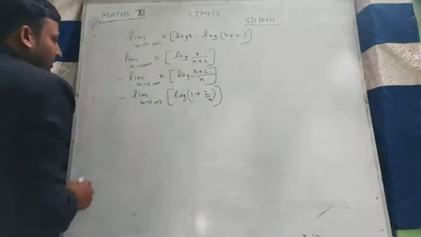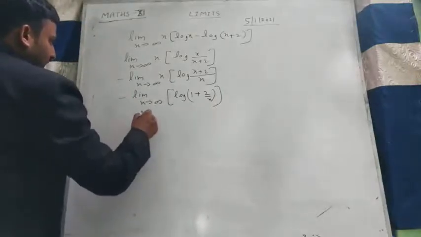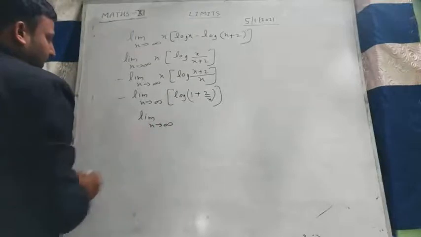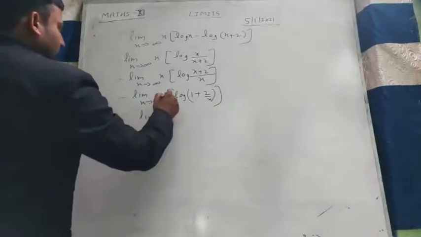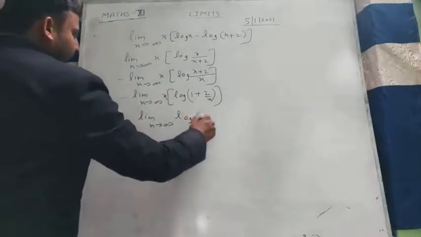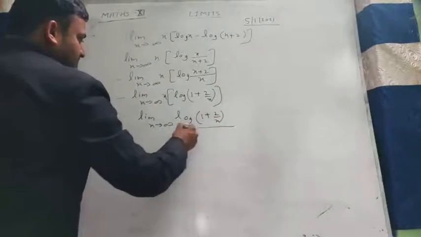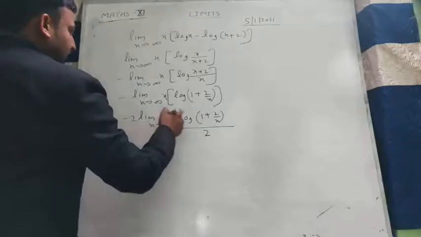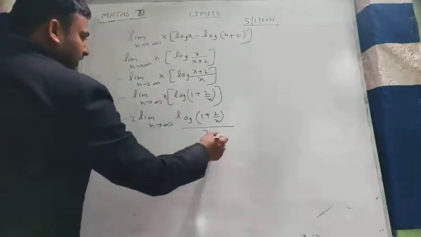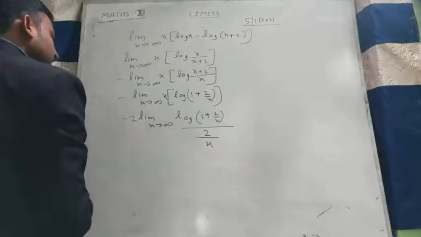Now limit x tends to infinity, we write log 1 plus 2 by x divided by 2 and multiplied by 2, and this x we are sending to the denominator, so we can write 2 by x.